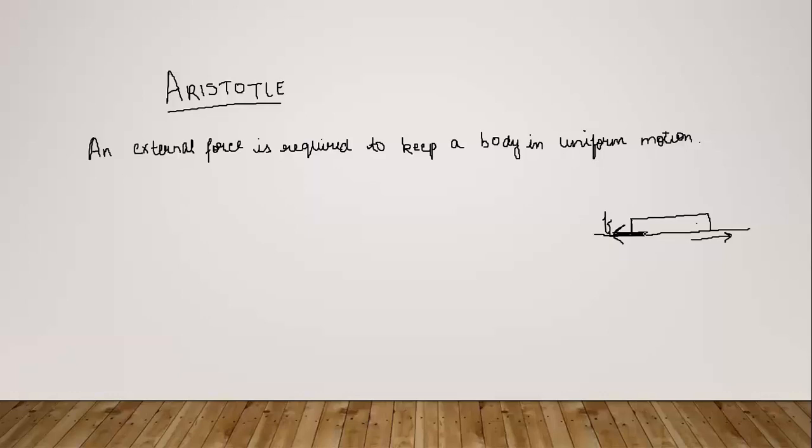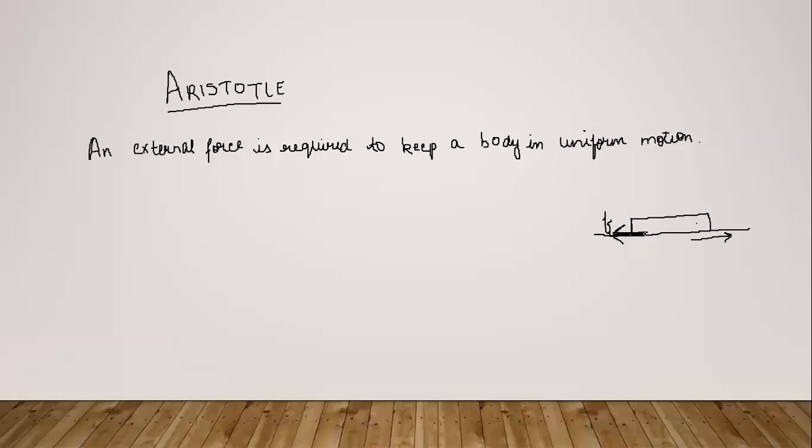So coming back to our moving toy car example, suppose the child stops dragging or pulling the string of the toy car. We'll observe that the toy car will come to rest. But this is not because he has removed his force from the string. It is because the external force of friction on the car by the floor opposes its motion.